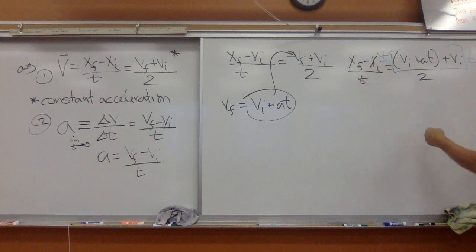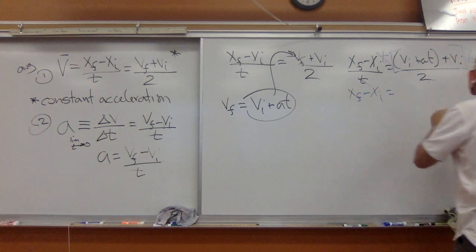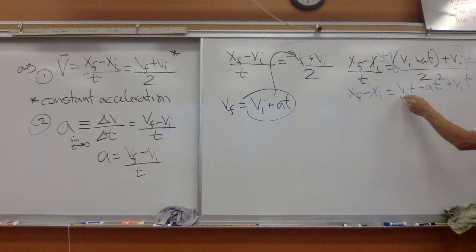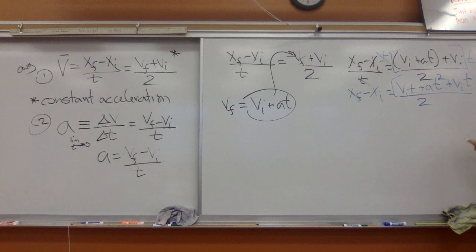It cancels out on this side, and we get x final minus x initial is equal to, distributing this through, v initial t plus at squared plus v initial t, and this is all one thing, so it's all over 2.